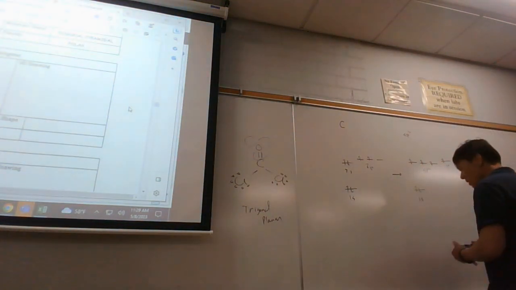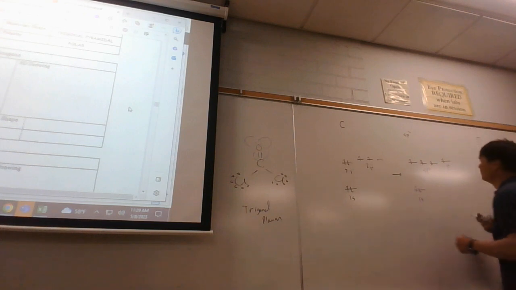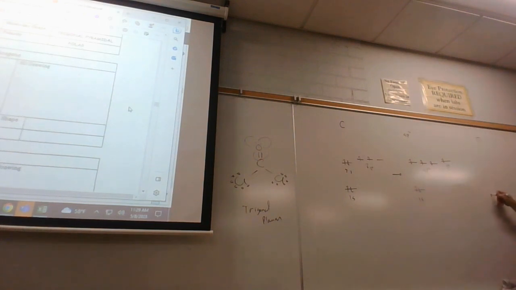So when I look at oxygen, unhybridized, what is it? Unhybridized, it's going to be 1s2, 2s2, 2p4. But we see that it's got to be sp2 hybridized based on the Lewis structure. And so 1s2 stays the same.